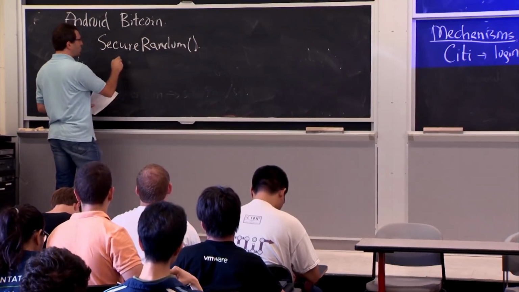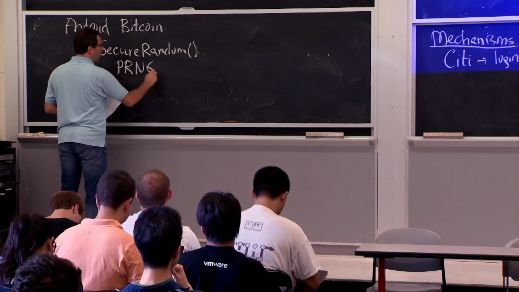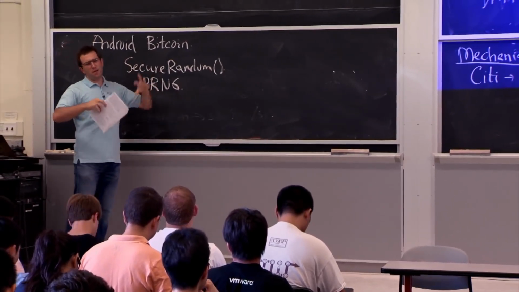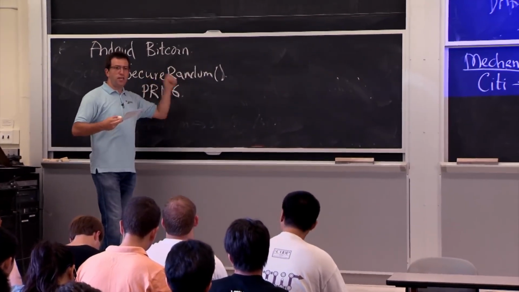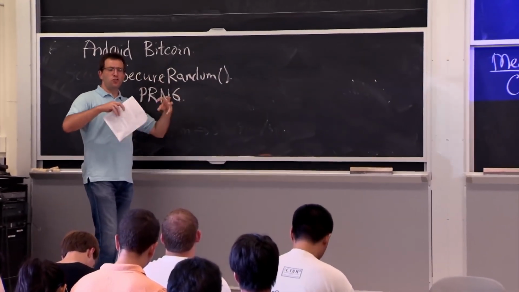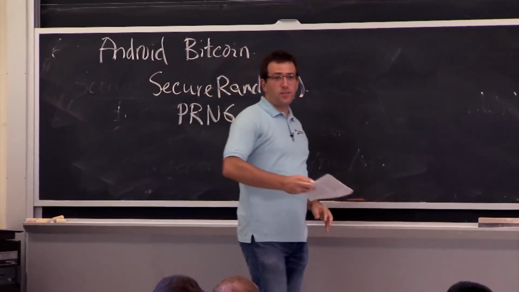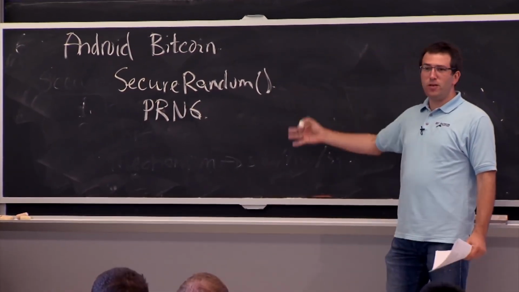Inside of it, there's a construction called a pseudo-random number generator, or PRNG. Given a particular seed value, like a couple of hundred bits of randomness, you shove it into this PRNG, and you can keep asking it for more randomness, and it stretches these random bits into as many random bits as you want. So you seed it initially, and then you can generate as many random bits as you want.